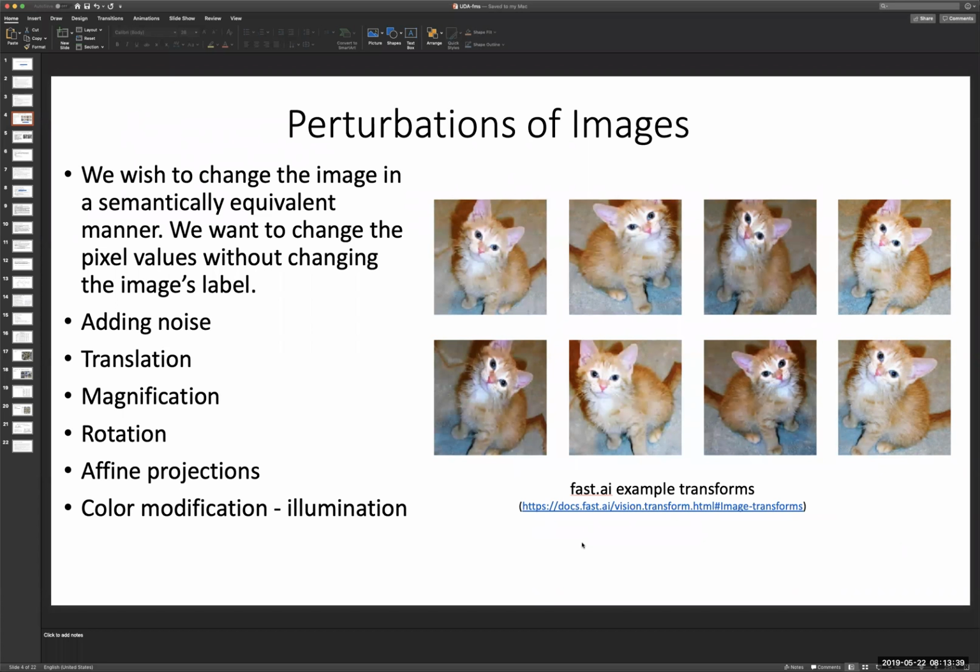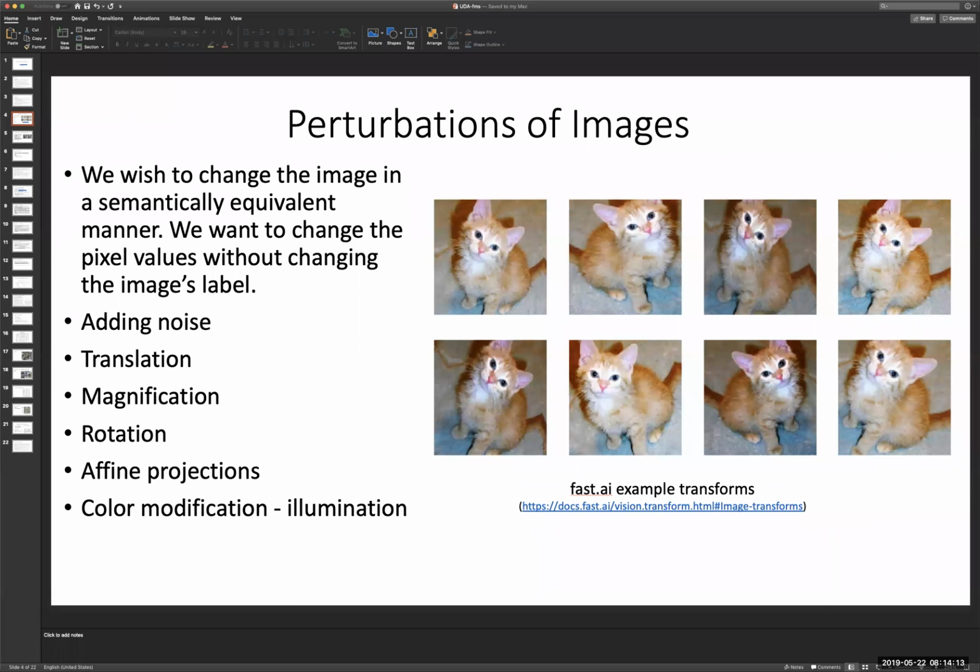So for images, we want to change the image in a semantically equivalent manner. We want to change the pixel values without changing the image's label. So here we have 8 examples of perhaps a single image, so 7 perturbations of a base image. Clearly they're all cats, but there's quite a bit of differences in the pixels.